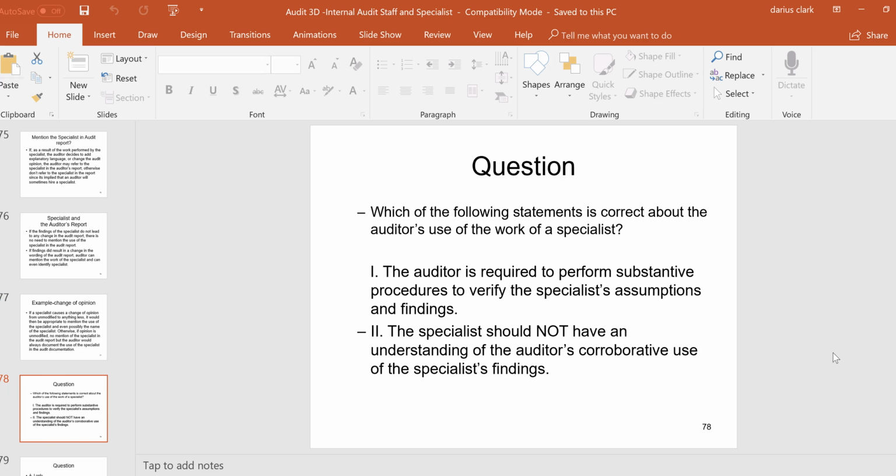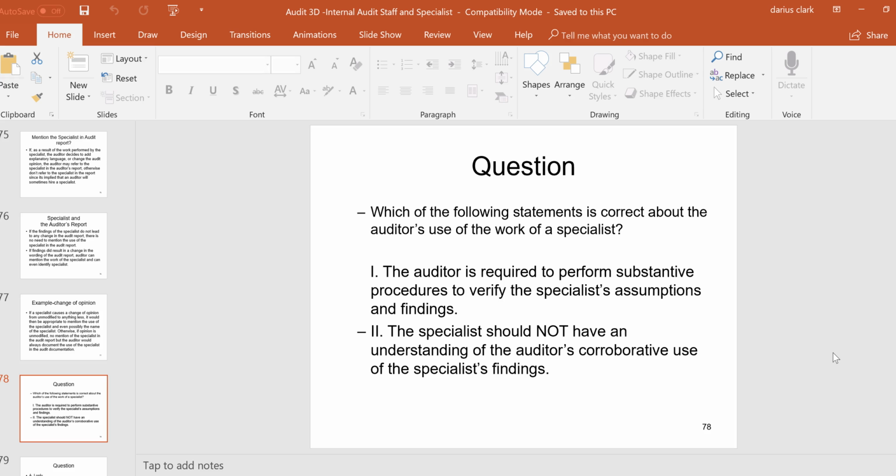All right, let's go to 78. Which of the following statements is correct about the auditor's use of the work of a specialist? I guess one.